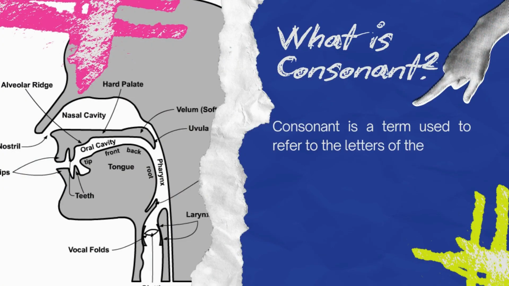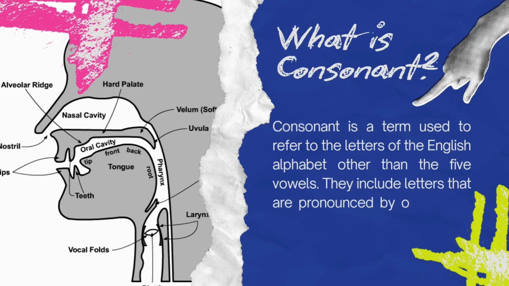So, consonant is a term used to refer to the letters of the English alphabet other than the 5 vowels such as A, E, I, O, U. They include letters that are pronounced by obstructing the flow of air in the vocal tract. And what's the difference between consonants and vowels? Consonants involve some constriction of airflow, whereas vowels do not.